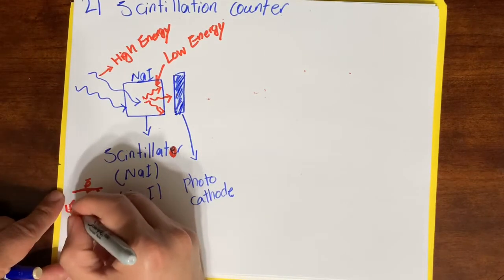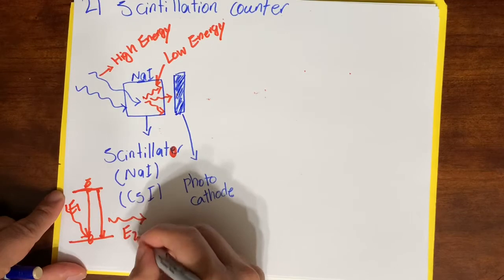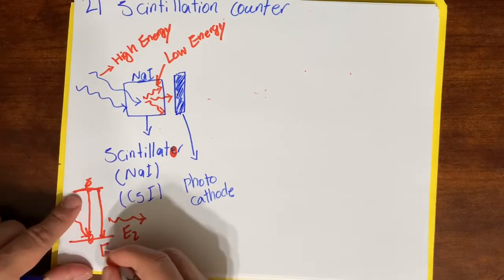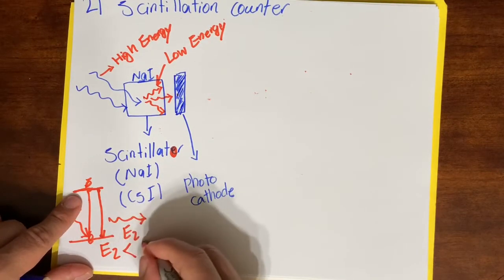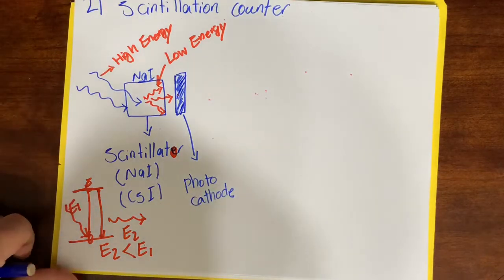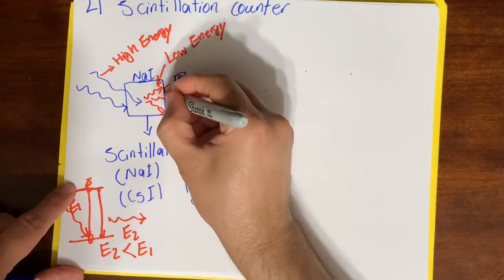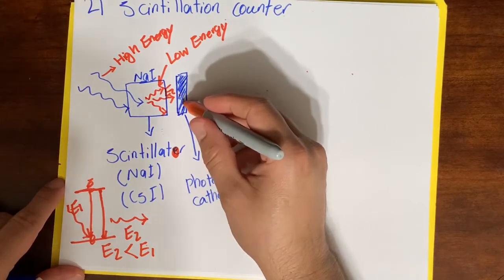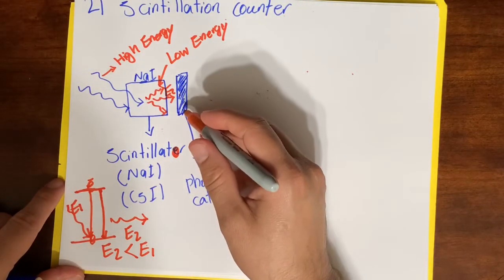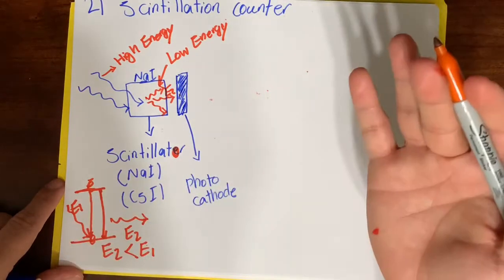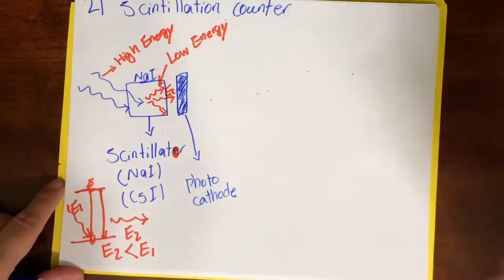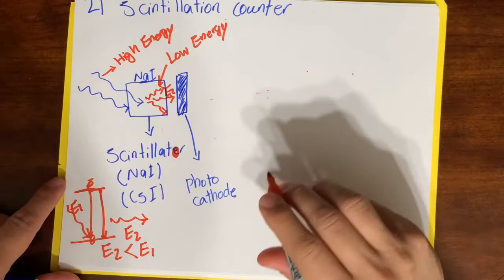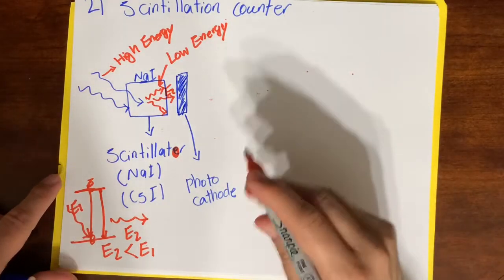If you call this one E1 and this one E2, E2 is smaller than E1. So E2 will hit the photocathode. The photocathode will generate an electron for us. This time it will release an electron, and this electron will do the job for us.